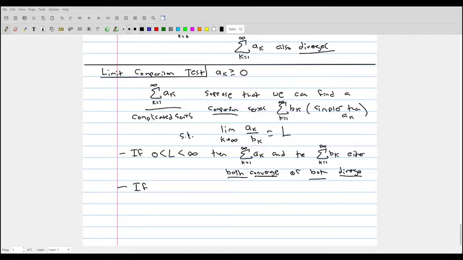We also have a couple more results. The limit comparison test actually tells us some more things about even if the limit is equal to 0 or the limit is equal to infinity. It's a little bit weaker, but it says that if L, this limit, is equal to 0 and bk converges, then the ak must also converge.